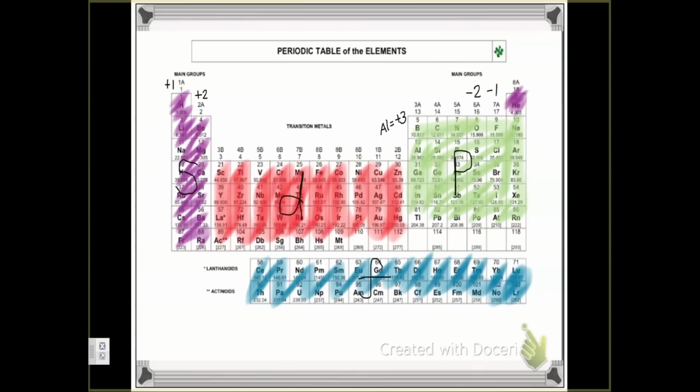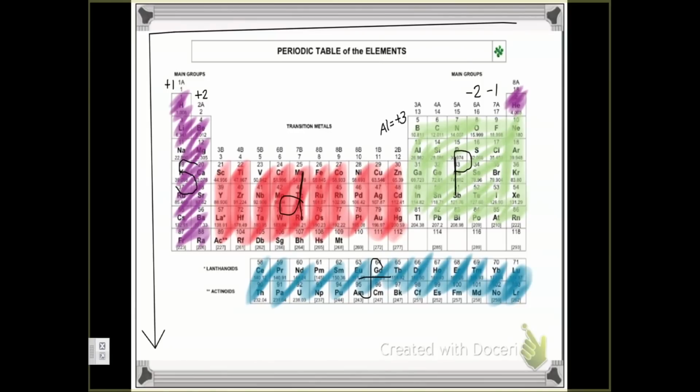Now the next thing is to label the trends for increasing radius and electronegativity. So I'm going to use the line function. I'm going to make it black so you can see me draw the line. And we are going to do radius. Radius is over and down on the periodic table, just as I have it drawn.